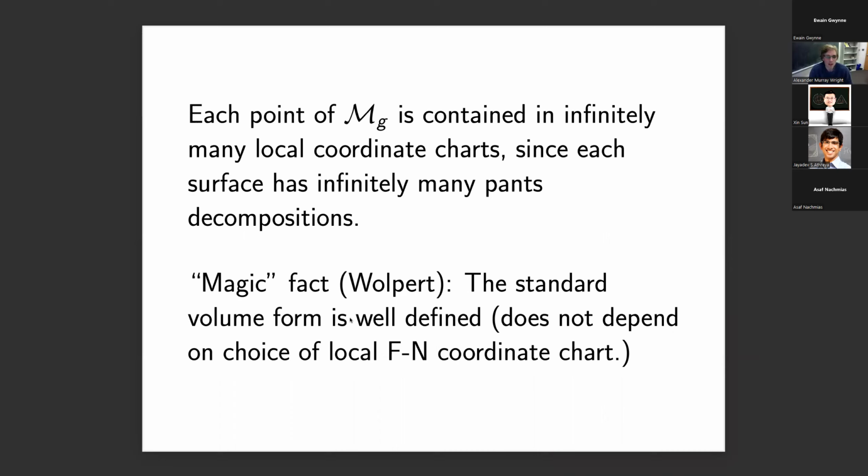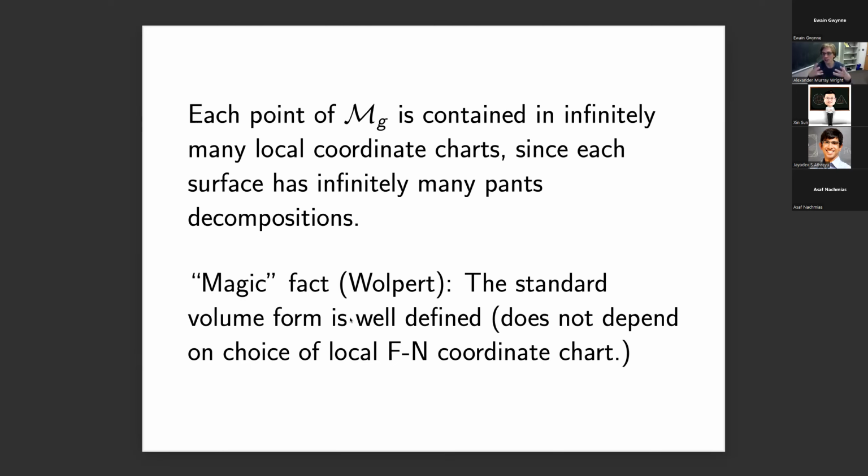There's a fact so magical that it's usually called the magic fact or the magic formula, even by experts in the field, due to Wolpert, that says the standard volume form in these coordinates doesn't depend on which local coordinate system you use.